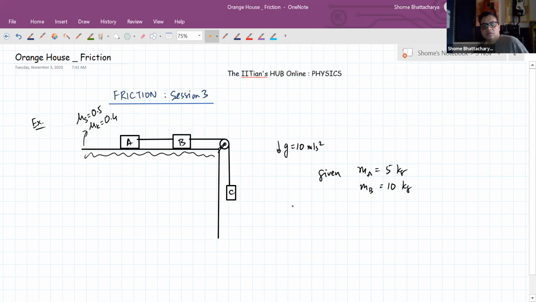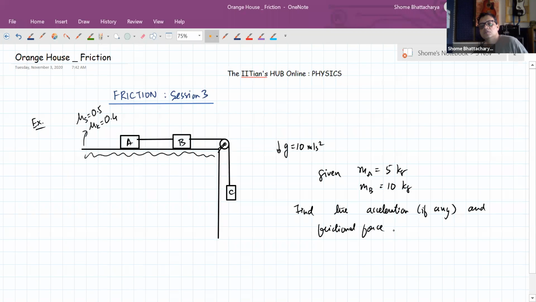So we have to find the accelerations, if any, and friction or frictional force on each block if mass of C is equal to 3 kilograms.